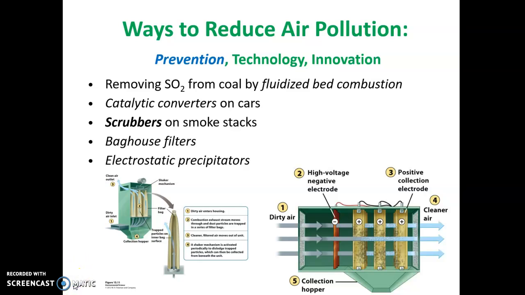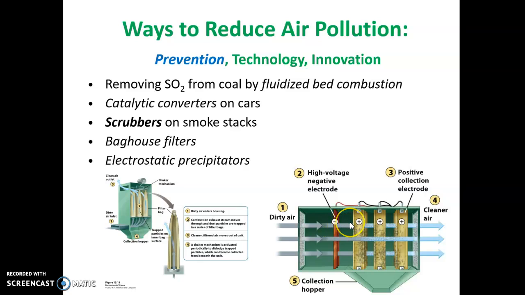The next technology is called electrostatic precipitator. So what happens here, because we're going to use electrically charged electrodes to precipitate the air pollutants from the air. So you have your intake of dirty air. There is a high voltage negative electrode, which makes the air pollutant particles negatively charged.